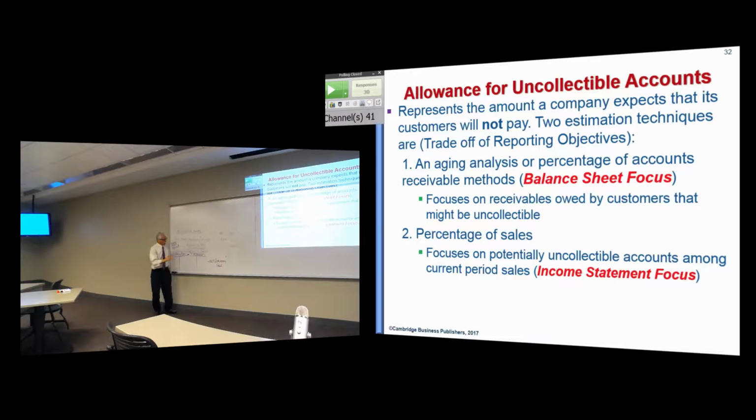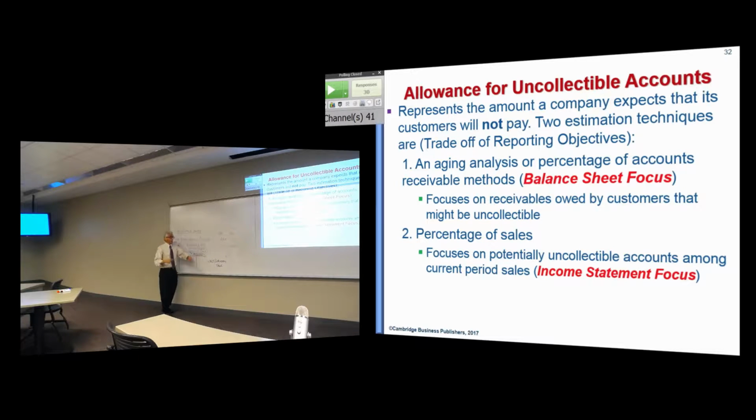So what we do with the balance sheet focus, my concern is the allowance account, my concern is net realizable value, and I don't care what happens to the expense. The expense is a byproduct, because once I find the number I need to bring this account to my target balance, it forces the expense.